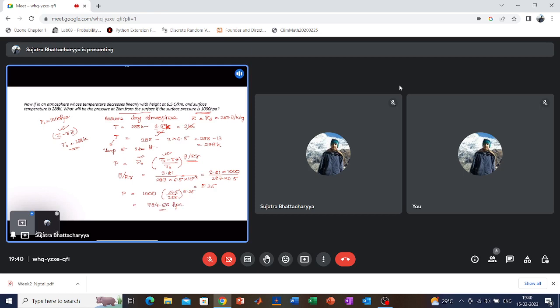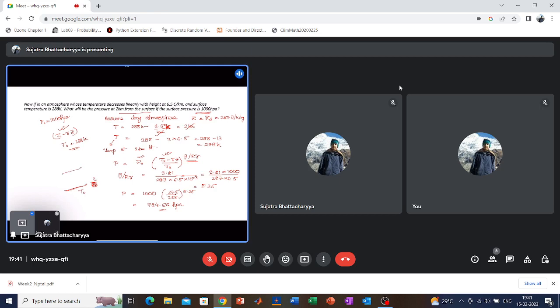So what we have seen is the same thing, only with this lapse rate inclusion. 288 Kelvin is your surface temperature, and surface pressure P0 is equal to 1000.